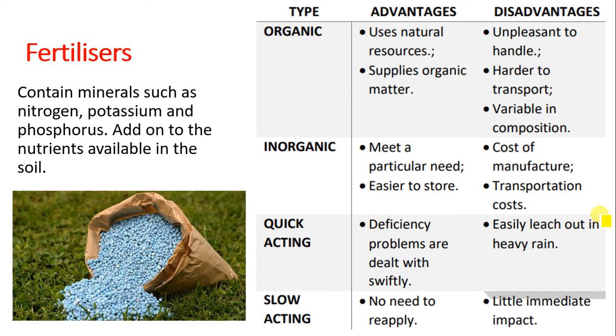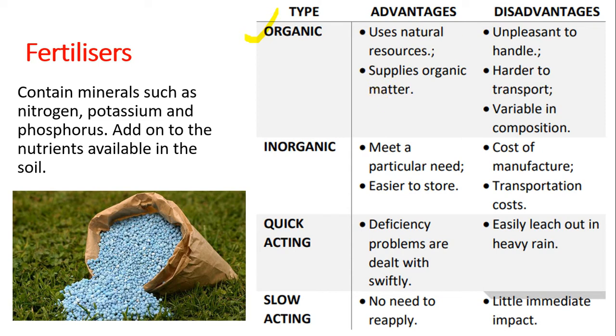So fertilizers, the second method that helps to improve crop production. So common fertilizers such as nitrogen, potassium and phosphorus add onto the nutrients available in the soil. Now types of fertilizers, the advantages and disadvantages. So we have organic fertilizers, which use natural resources and supply organic matter.